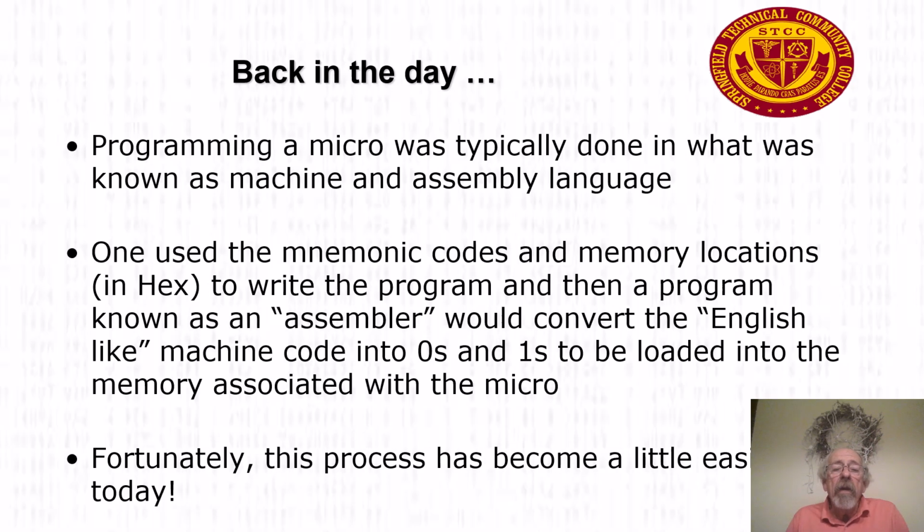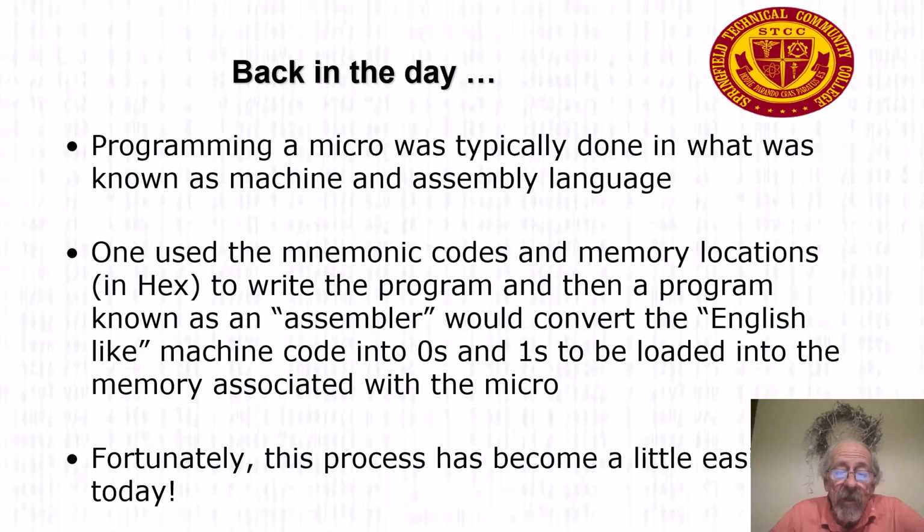So back in the day, programming a micro was typically done in what was known as machine and assembly language. One used the mnemonic codes and memory locations in hex to write the program, and then a program known as an assembler would convert the English-like machine code into zeros and ones to be loaded into the memory associated with a micro.